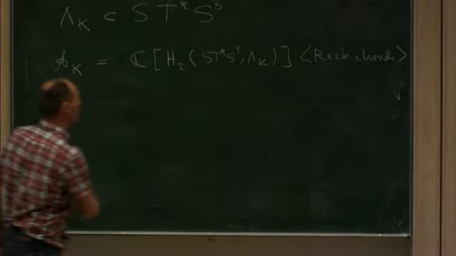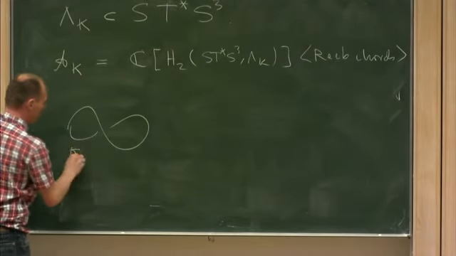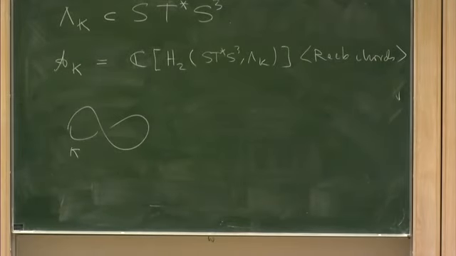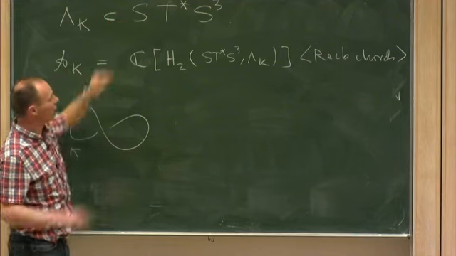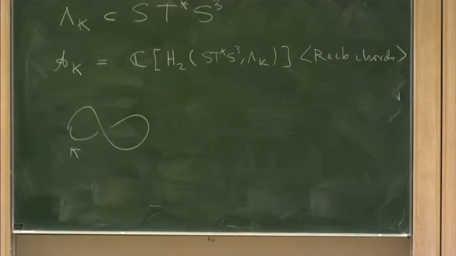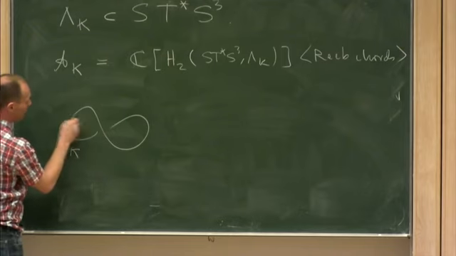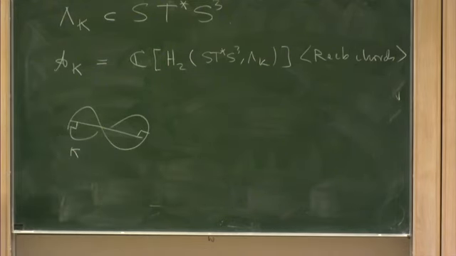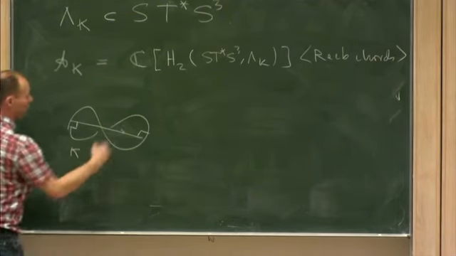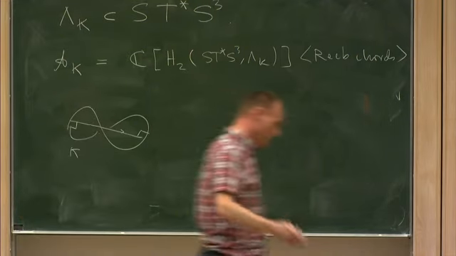In terms of a knot, if you have a knot K, then the Reeb chords are, since we use the standard contact form here, the Reeb flow is just geodesic flow. So the Reeb chords correspond to binormal chords beginning and ending on the knot. So oriented binormal chords. So you could see them in the picture. So this is some kind of generator.